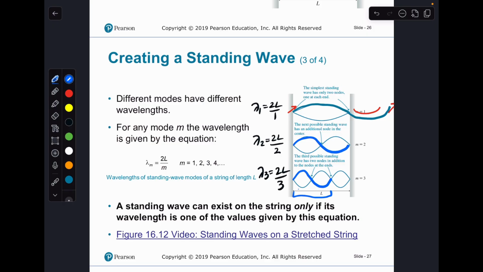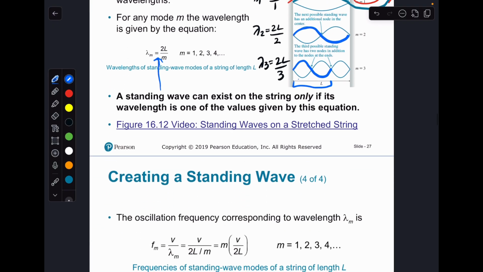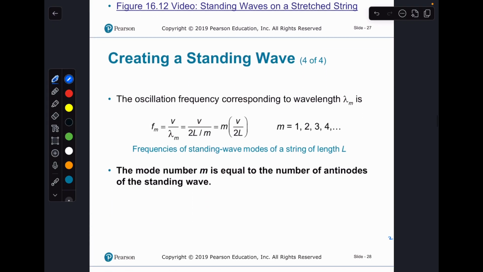Standing waves can exist on the string only if the wavelength of that wave is one of the values given by this equation here. We can convert that wavelength into a frequency by using the fundamental wave equation. We take the wavelength and set it equal to velocity over frequency.